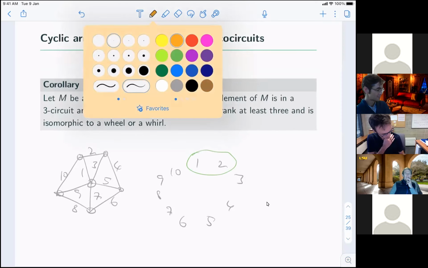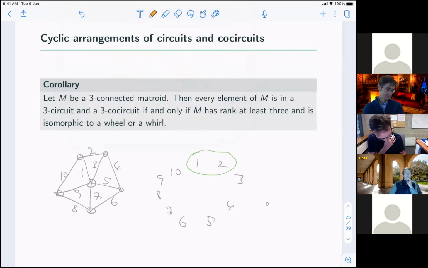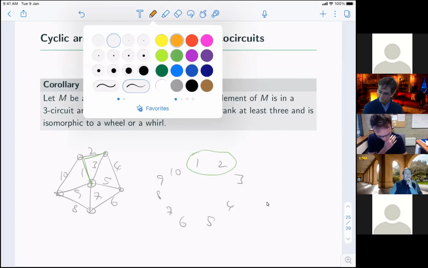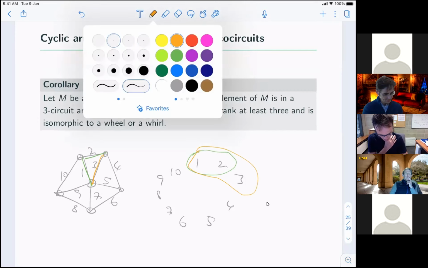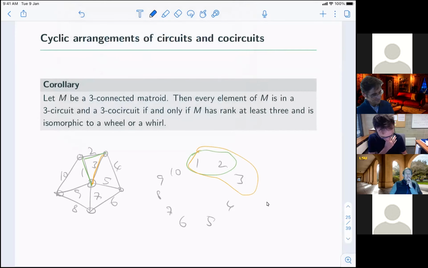So here's 1, 2. What's the circuit it's in? It's in 1, 2, 3. So that's the circuit. What co-circuit is it in? It's in 1, 2, and 10. There's a co-circuit.